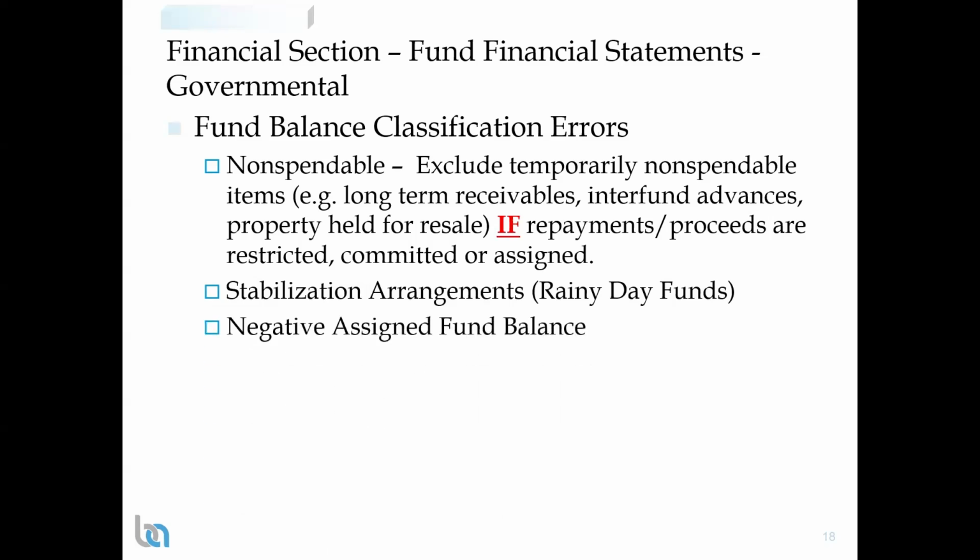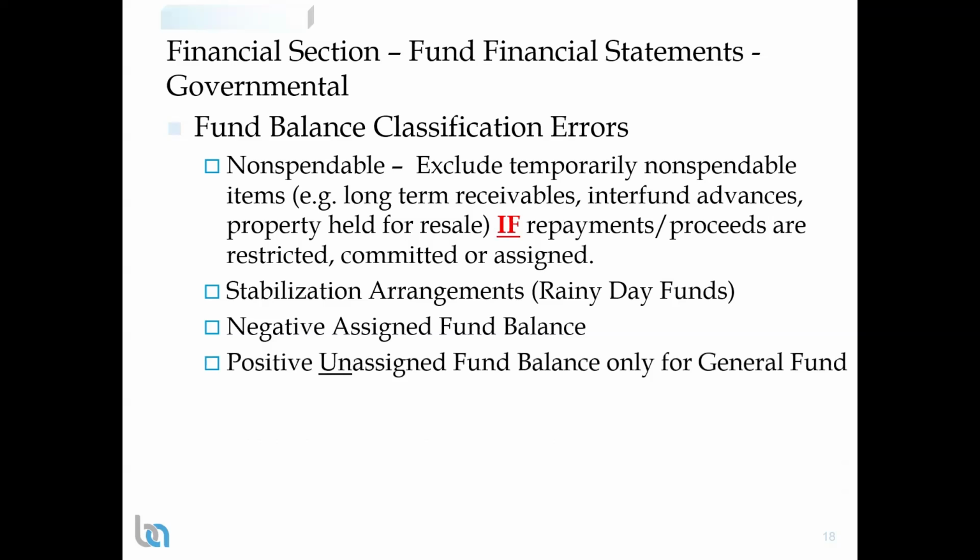Negative assigned fund balance. You cannot report negative assigned fund balance. Assigned fund balance assumes that there is fund balance to be assigned. If you have no fund balance to assign, you can't have negative assigned fund balance. You would have to reclass it to unassigned. So it can never be a situation where you have negative assigned fund balance.